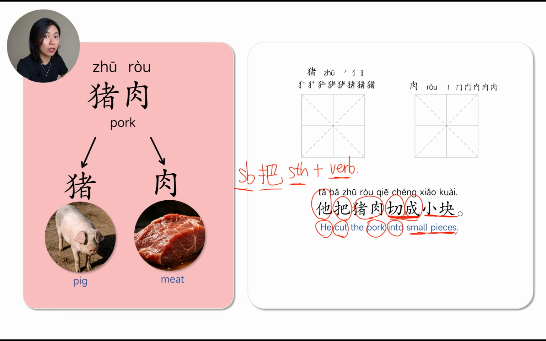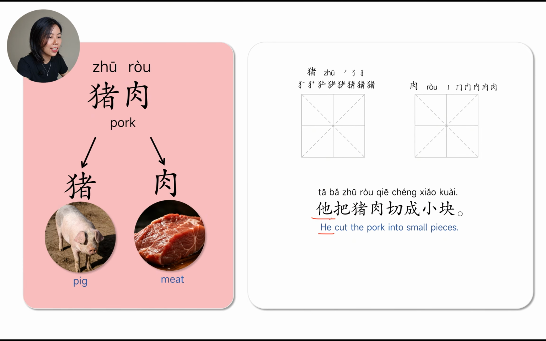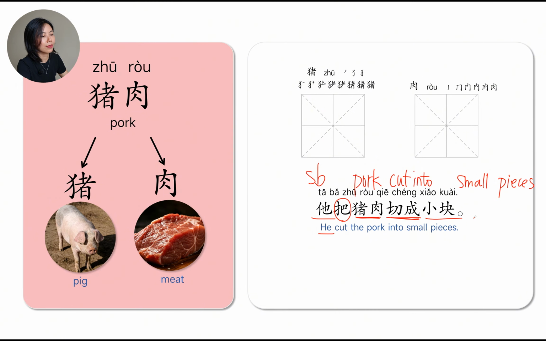Alright, so let's take a look at the whole sentence. 他 he, so that's somebody. 把, the grammar structure. 猪肉 pork. 切成 cut into. 小块 small pieces. Okay, so 他把猪肉切成小块. He got the pork cut into small pieces. That would be he cut the pork into small pieces.